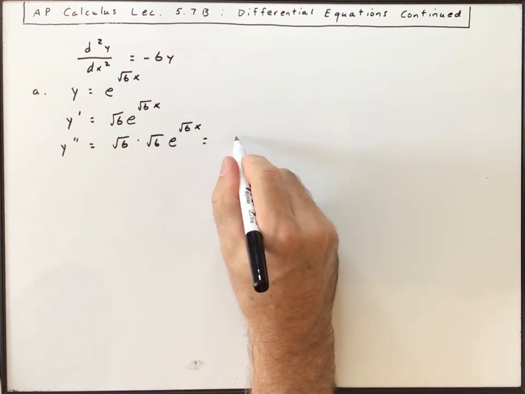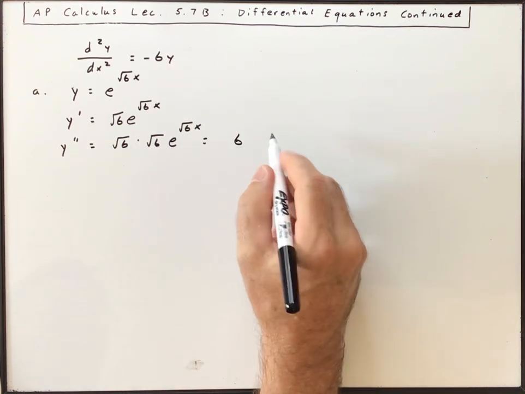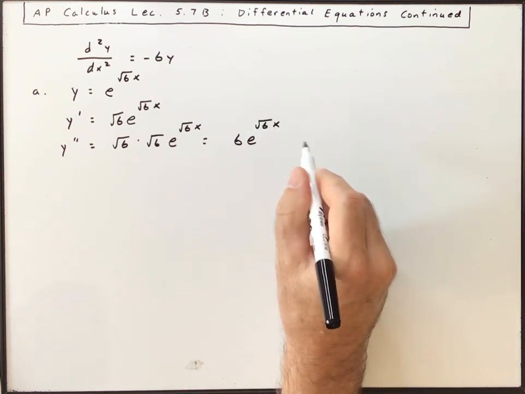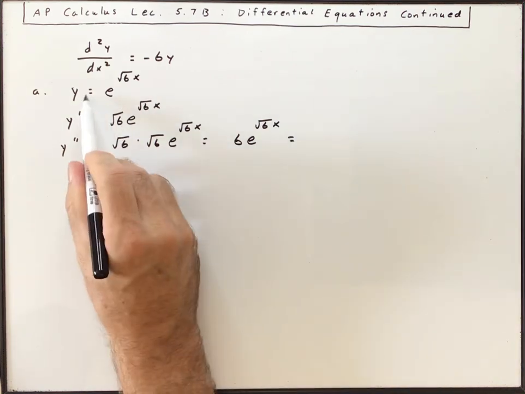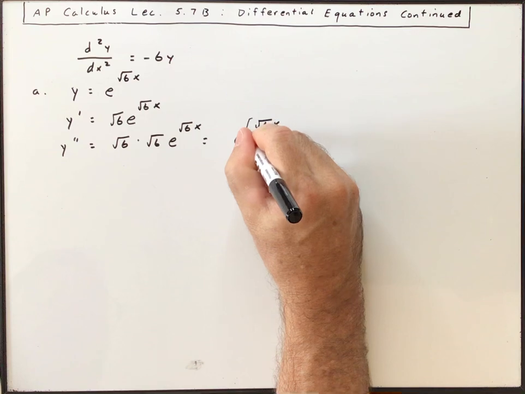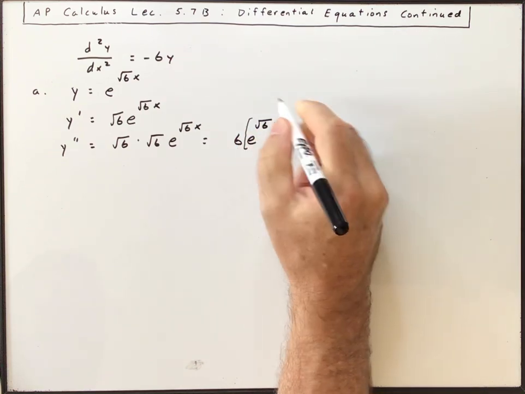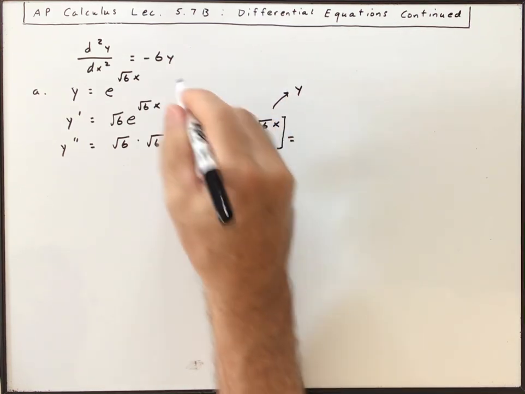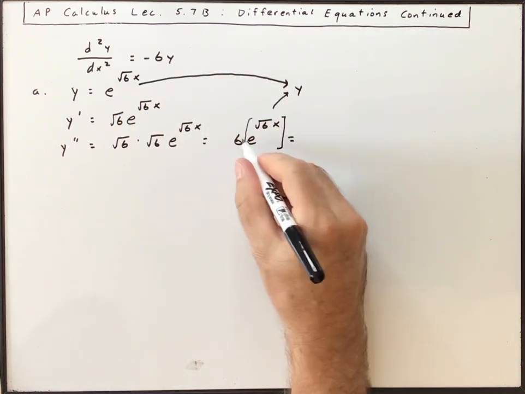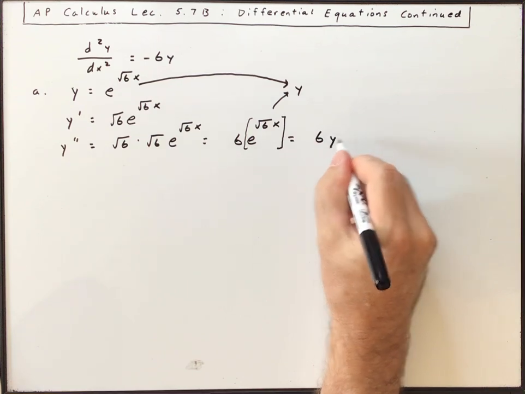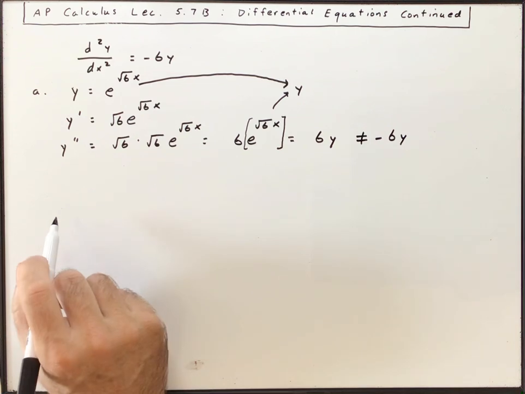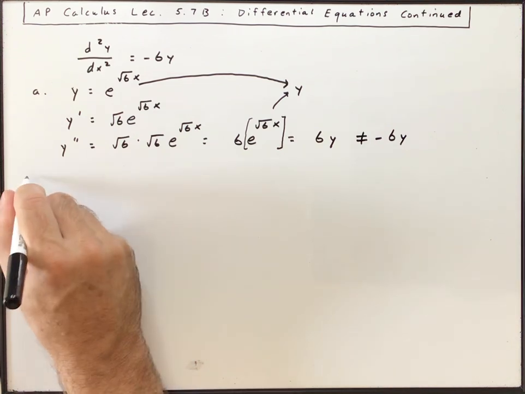And that's going to be 6 e to the root 6x, since root 6 times root 6 is 6. That is equal to, so y is e to the root 6x. So this part, that's just y, right? So this is equal to 6 times y, which does not equal negative 6y. So A is not the solution.